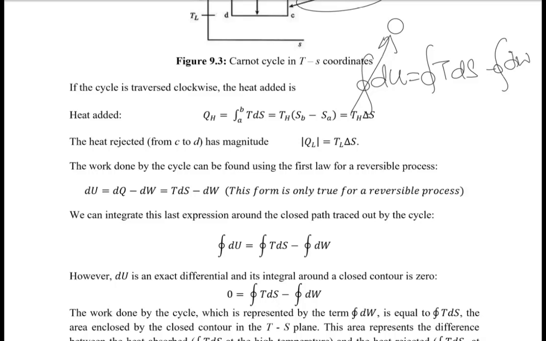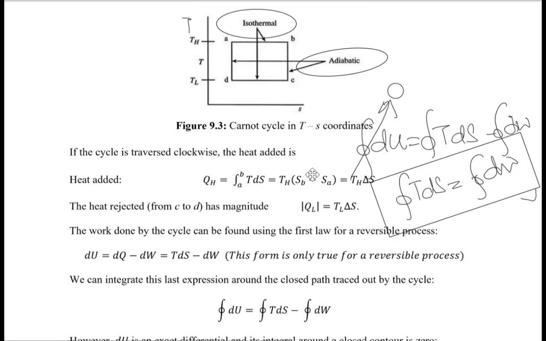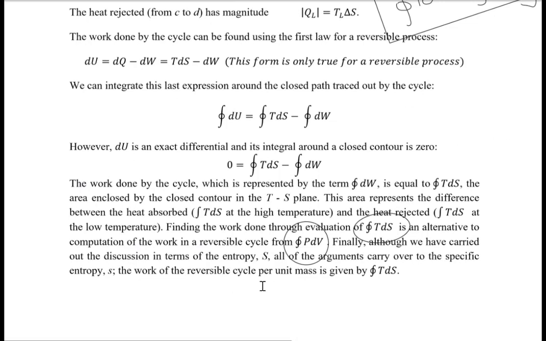So we would now have the integral of TdS equal to the integral of dW. That means the area enclosed in a TS diagram is equal to the work done in a system. So finding the work done is through TdS, so we can find the work done using the equation TdS, which is an alternative to the work done in a reversible cycle, which is PdV.